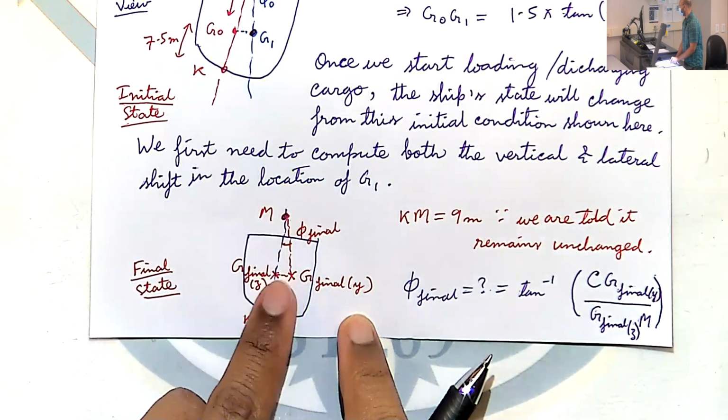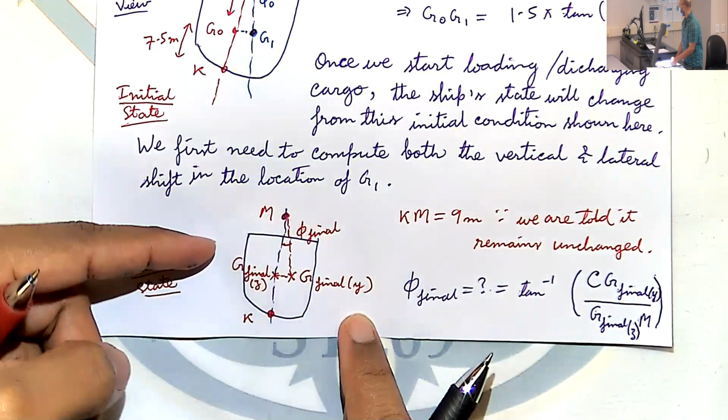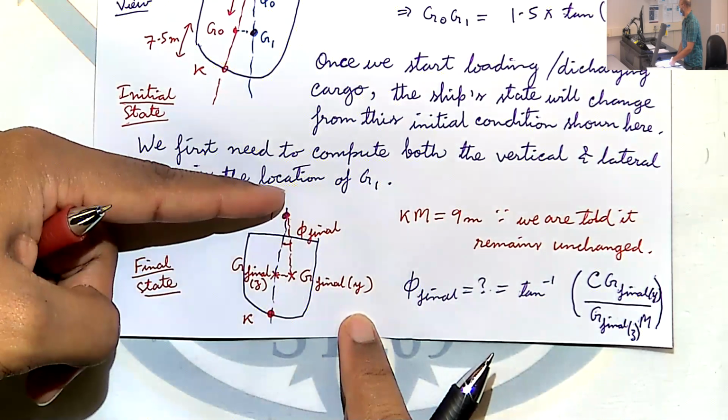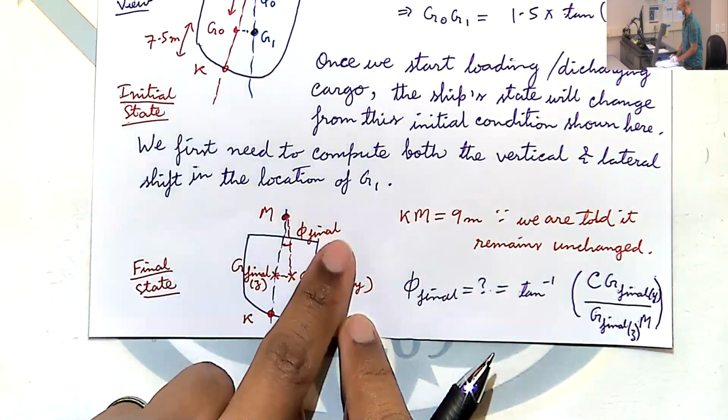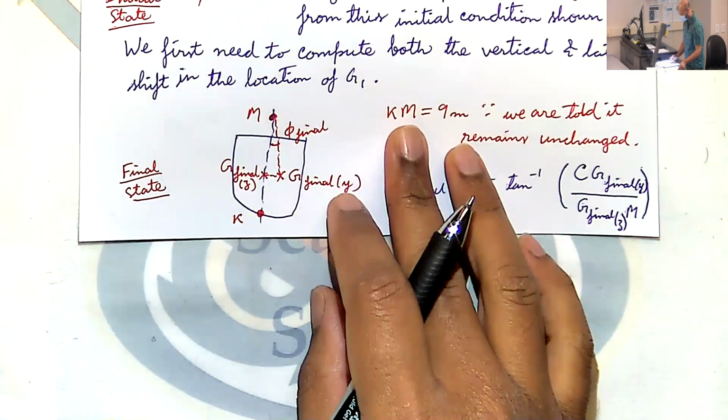So that's basically the base of this triangle here. And G final M is the other side of the triangle. Okay, so those are the two things I need to compute this unknown new angle.